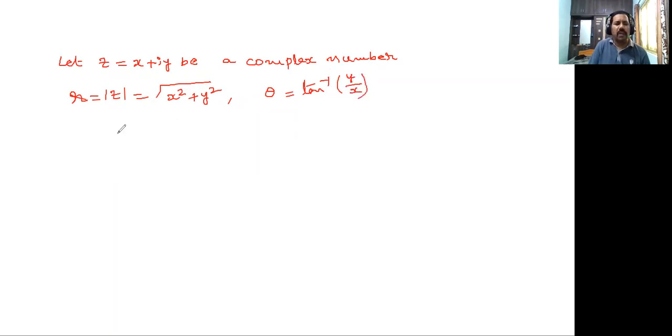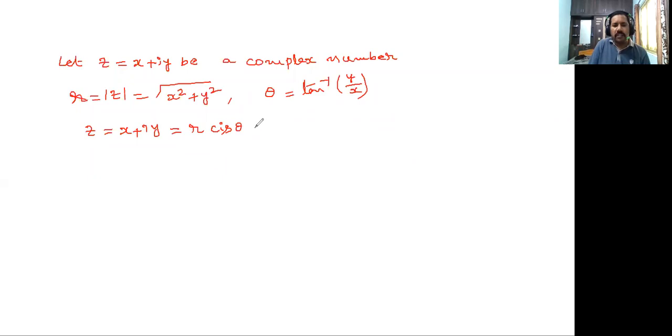Okay. Now, z is equal to x plus iy. Convert into polar form. What is polar form? That is r into cos theta plus i sin theta. That is, we can write directly r cis theta. Yes or no?